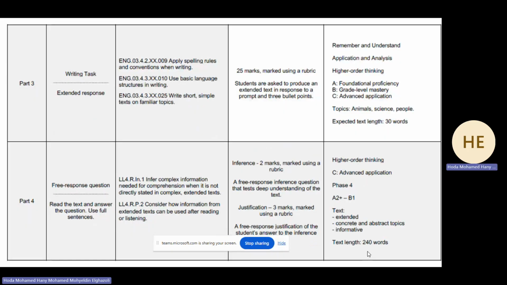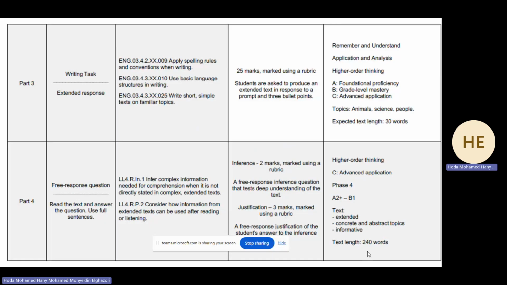Part 3, we have the writing task. This is an extended response. You have to write 30 words for the given topic, answering all 3 prompts. This question carries 25 marks and again is marked using a rubric.